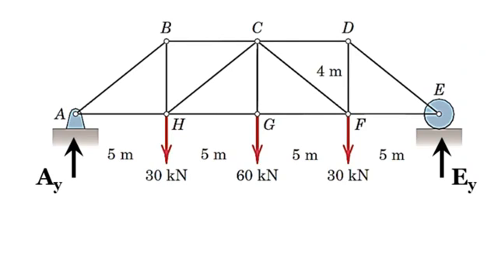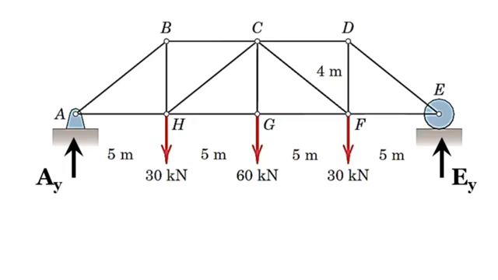What I'm trying to tell you is that if you cut through member CG, you're going to find a mirror. Joint H, for example, is carrying 30 kilonewtons and joint F on the other side is carrying 30 kilonewtons, and in the middle there is one load which is 60.